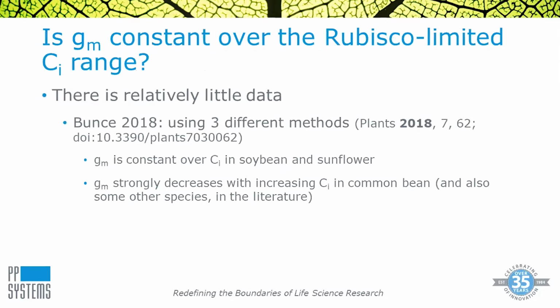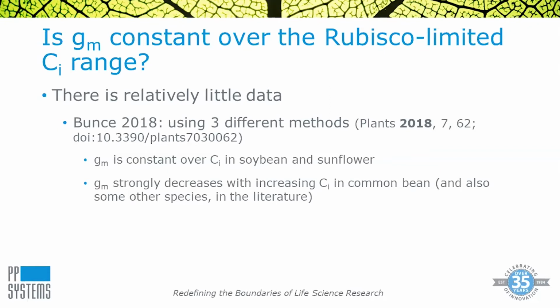There's relatively little data. I published in 2018 measurements of that using several different methods of estimating mesophyll conductance, and asked the question whether it's constant over the initial part of an A/CI curve. In soybean and sunflower, it is constant as far as we can tell.